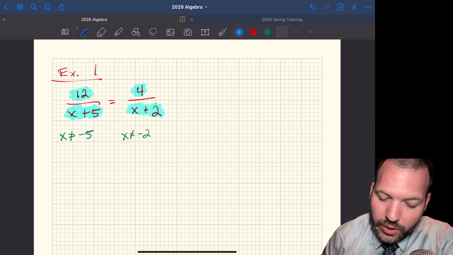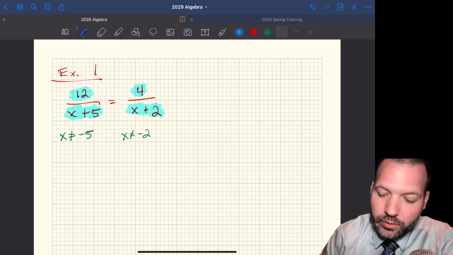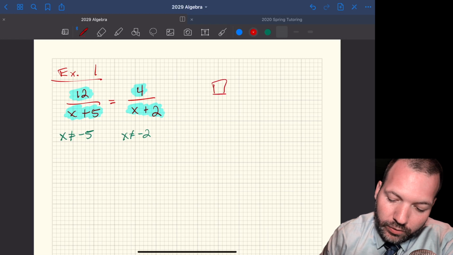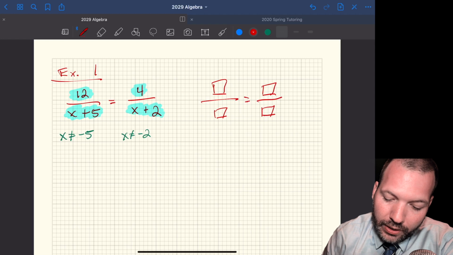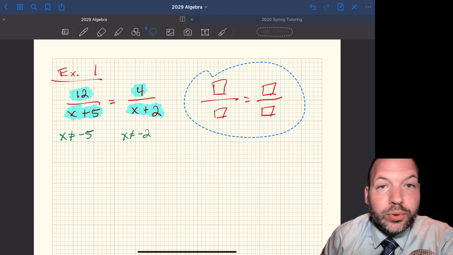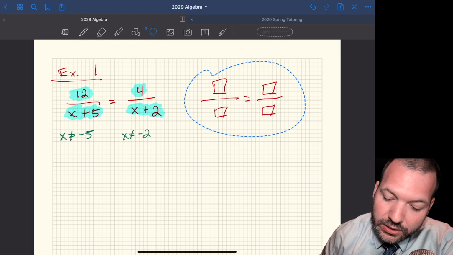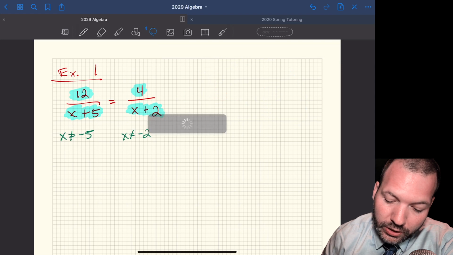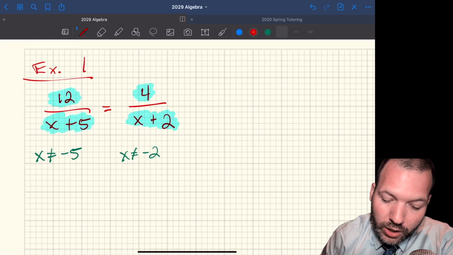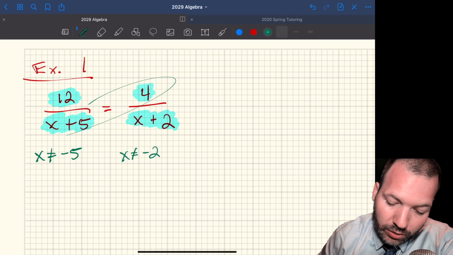What happens when we have ratio equals ratio? Or, blank over blank equals blank over blank. What do we call that? We call that a proportion, right? And so typically when we have proportions, we want to find our cross products to be able to solve. And that is exactly what we're going to do here.